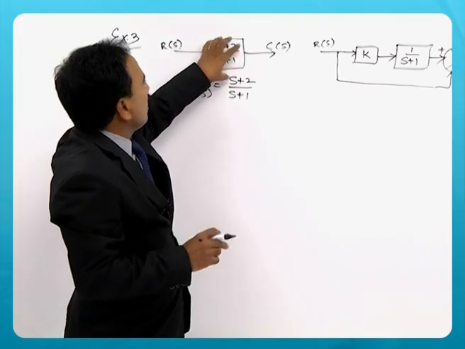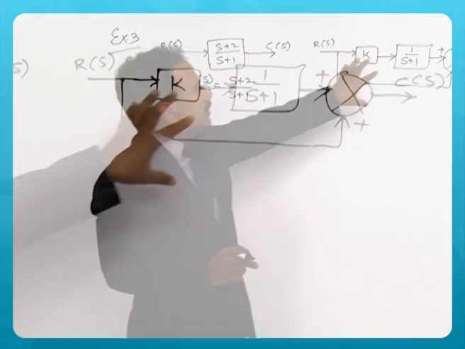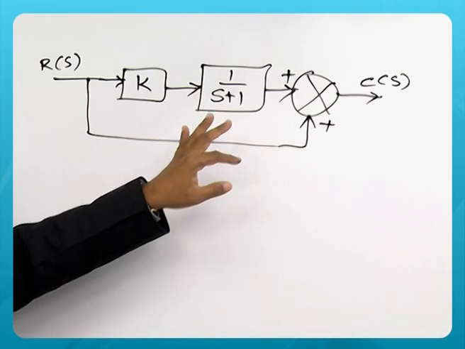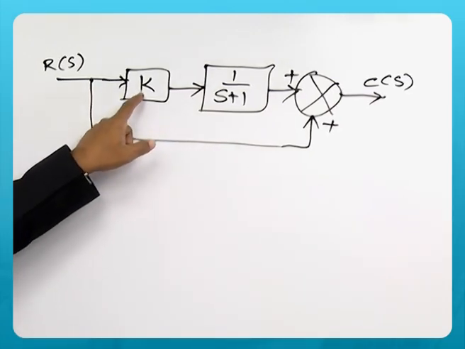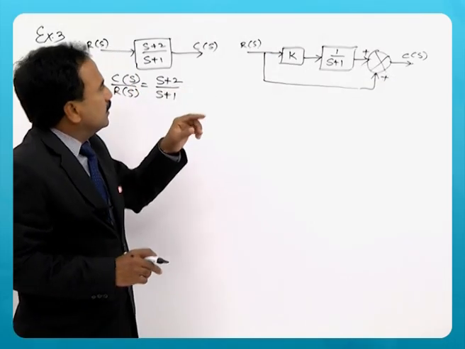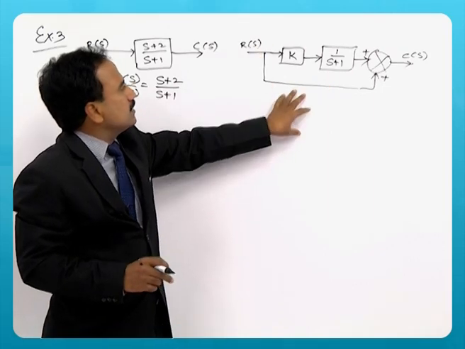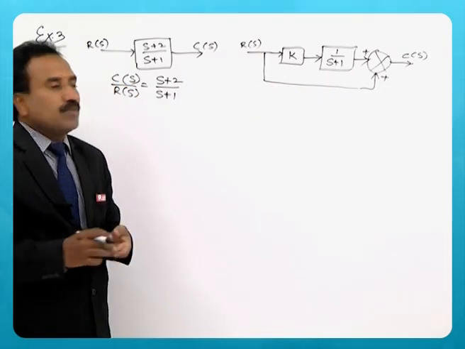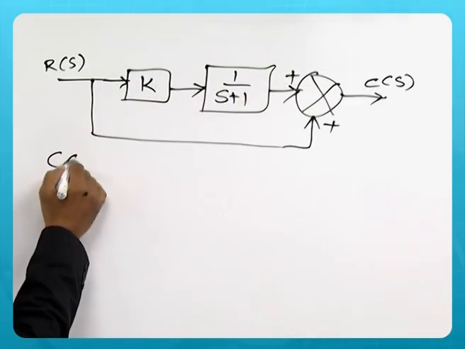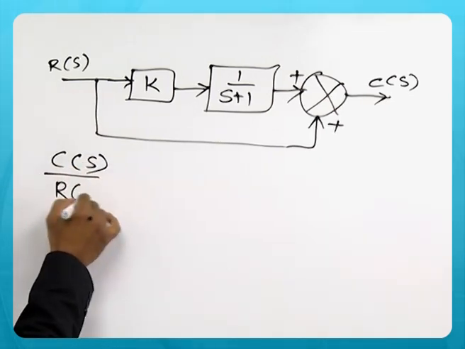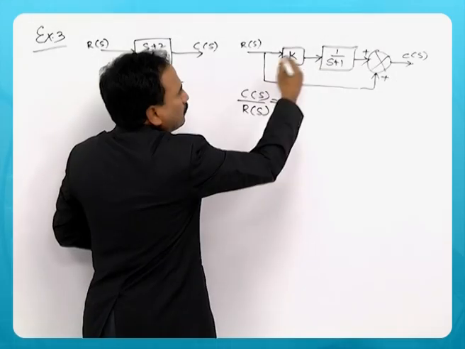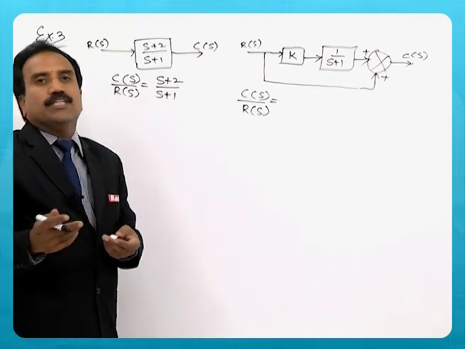So this block gain is very clear, but this is not clear. So what should be the value of K, so that the C of S by R of S of this and this will be the same. Now C of S by R of S of this particular one we need to see.